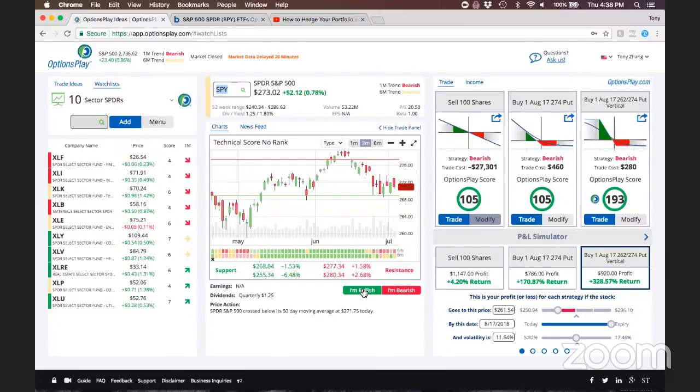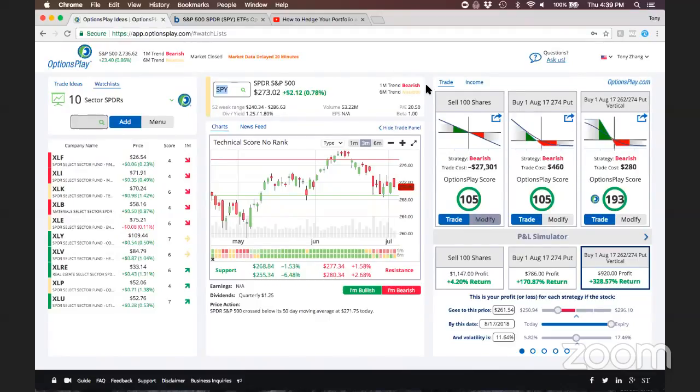So what I'm going to first do is look at a portfolio, and I'm going to show you some different hedges to give you an idea as far as what the difference is between buying a cheap hedge versus an expensive hedge, and show you, as the markets go lower, what your expectations are, so that you can do this analysis on your own based on your own assumptions as to where you think the markets are going to go and the size of your portfolio, so that you can determine exactly how you want to hedge your portfolio. So first off, what I'm going to do is modify these puts that we're going to buy.